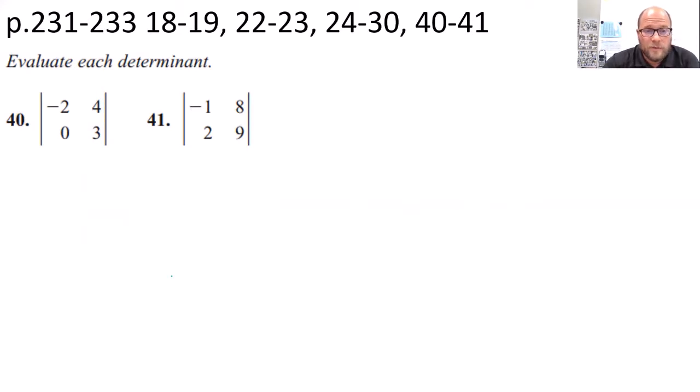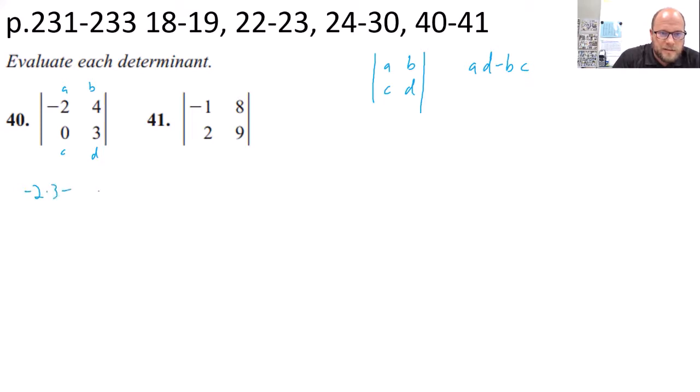So for this one, we needed to do our determinant, which we can do by taking, if it's in the setup A, B, C, D, what we're doing is A times D minus B times C. So in the first one, again, this is A, B, C, and D. So we have A is negative 2 times D is 3 minus C 0 times 4.